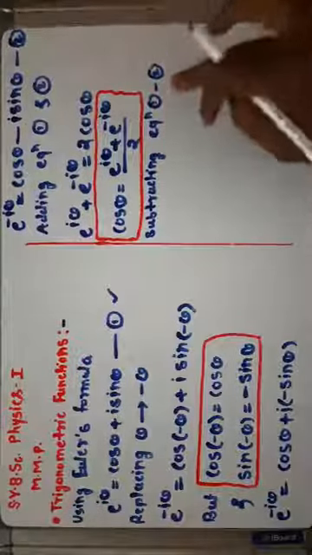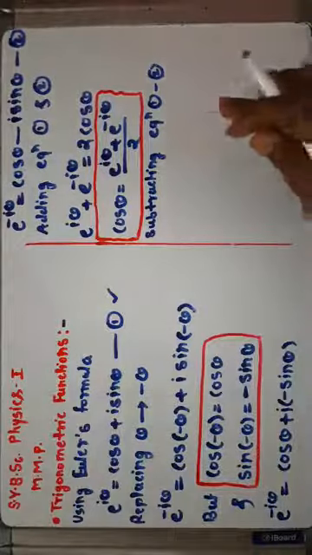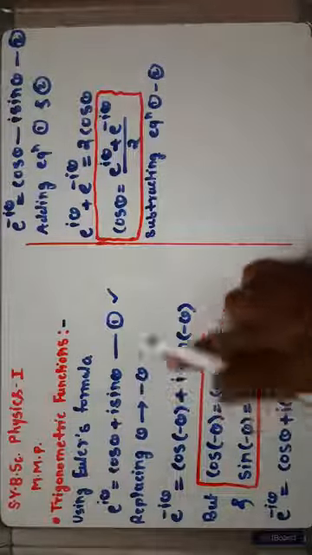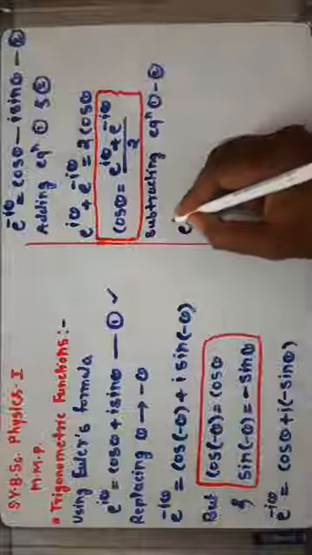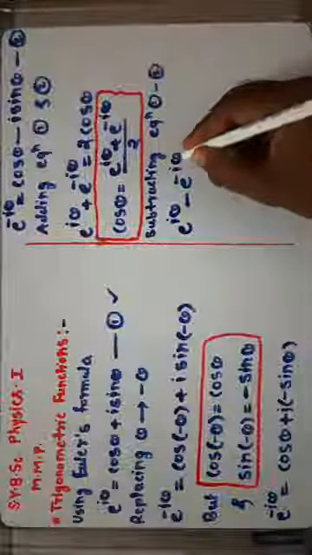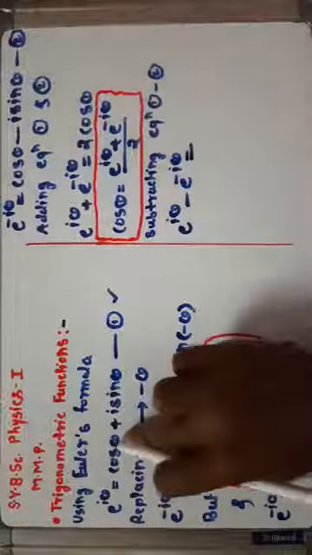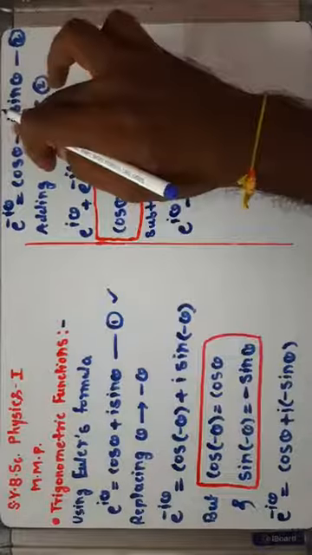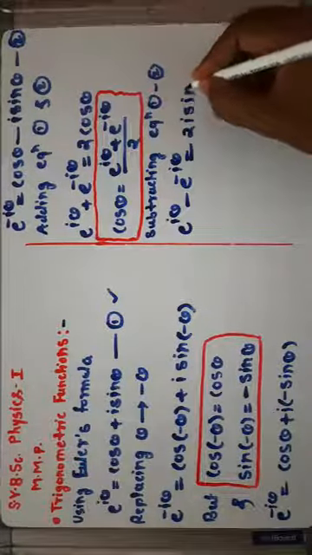Just as we did addition here, now we are doing subtraction of equations 1 and 2. After subtraction, e raised to i theta minus e raised to minus i theta is equal to: cos theta minus cos theta gets cancelled, and i sin theta minus minus i sin theta gives plus, that means 2 times i sin theta, right?